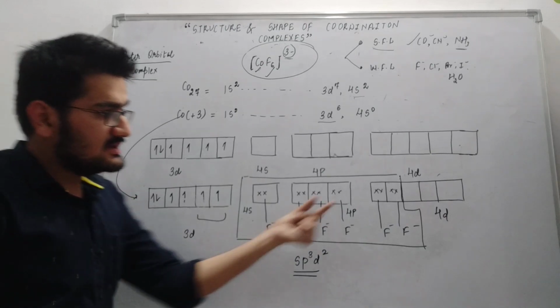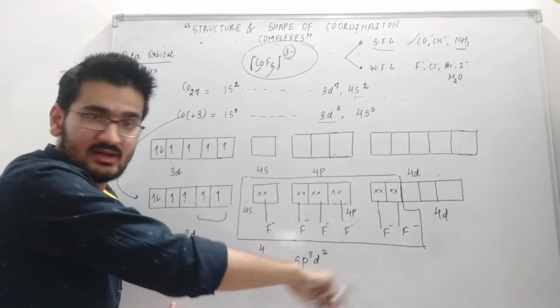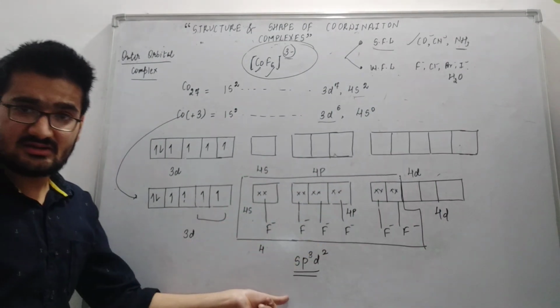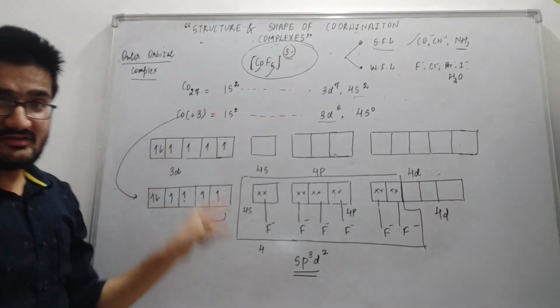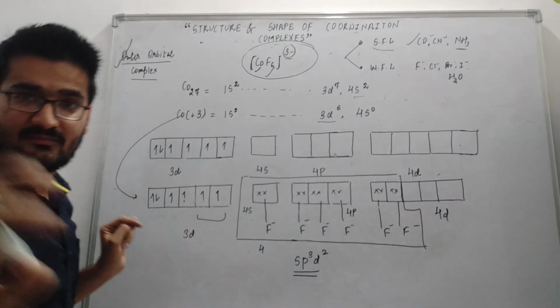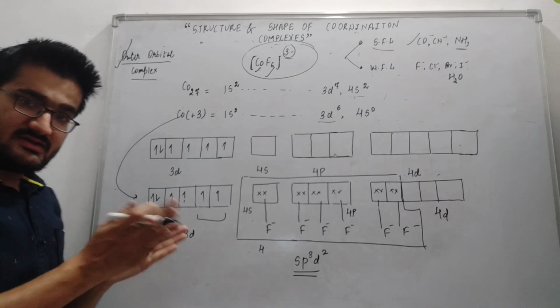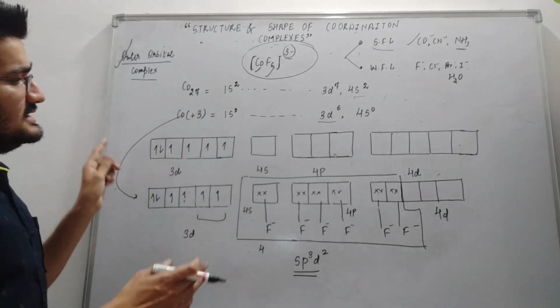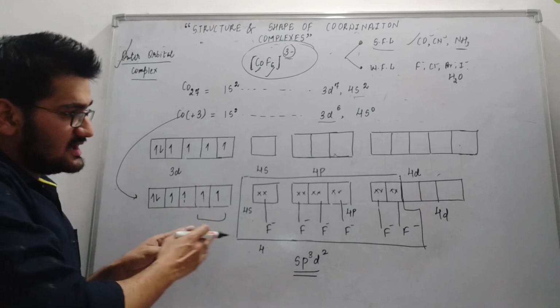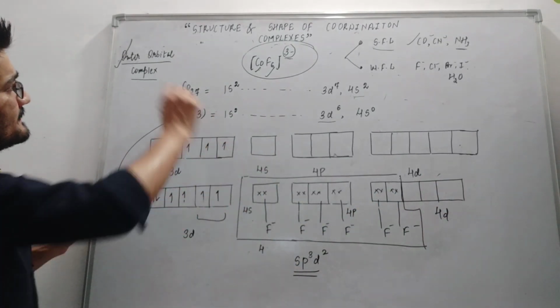But this time the outermost d orbitals are taking part in hybridization for this complex. So this complex will be termed an outer orbital complex. In simple terms, if the hybridization is d2sp3, the complex will be inner orbital, and if the hybridization is sp3d2, then the complex will be outer orbital.